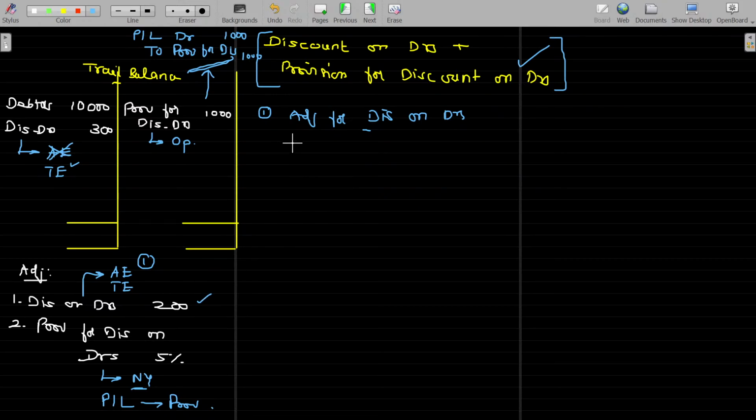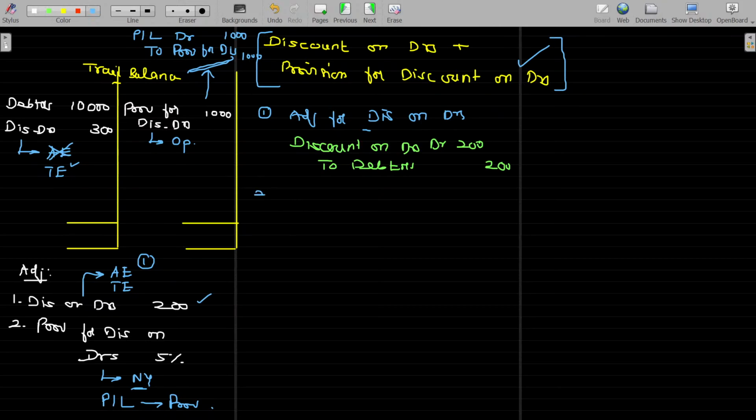The entry being discount on debtors account debit to debtors account, the value being 200.